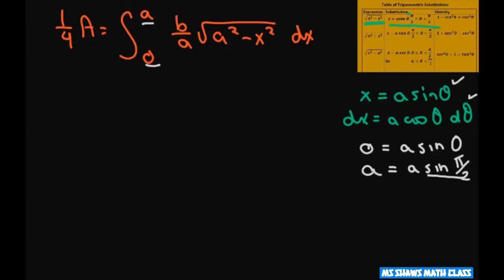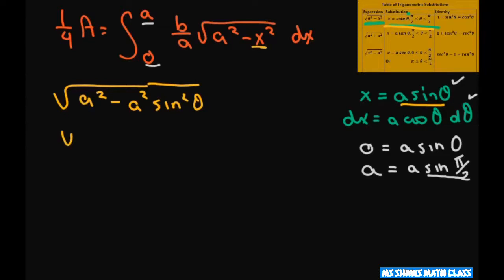So let's look at our trigonometric substitution now. So basically, let's take our x, and we're just going to look at this piece here. We have a squared minus x squared. So square that. Factor out the a squared.